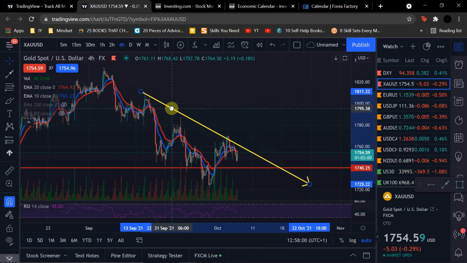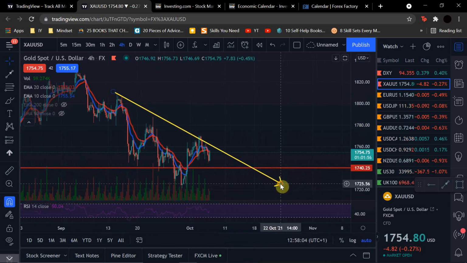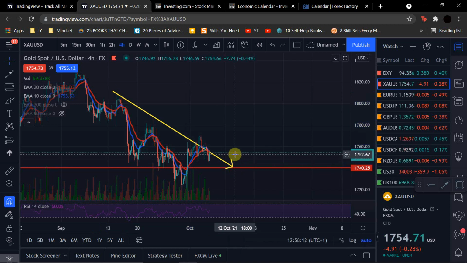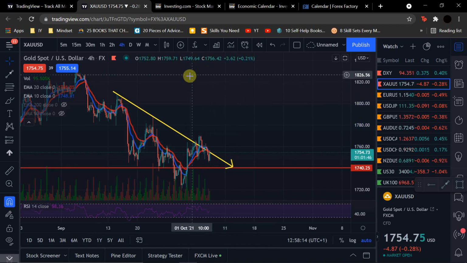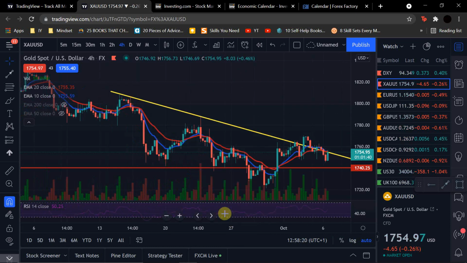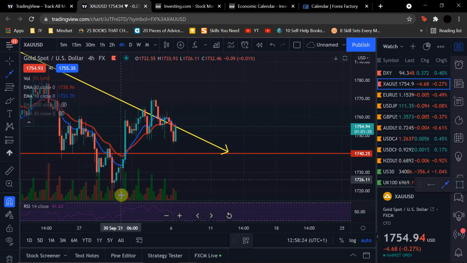This is the inside trend line, right? I don't know. I'm not too sure about that one. Ideally, what I should do is, if I don't understand what's going on, I should just leave the trade.